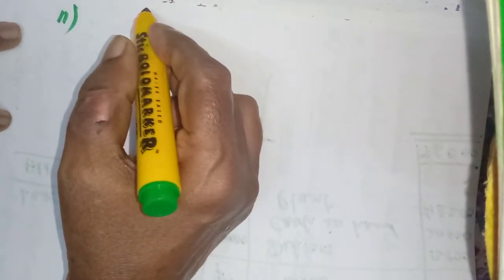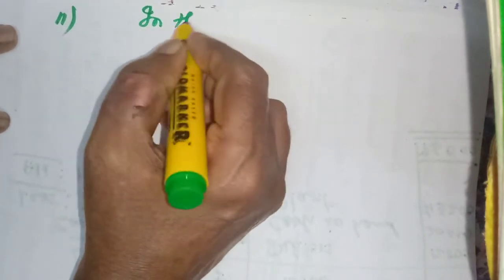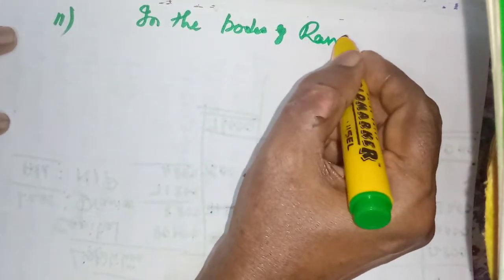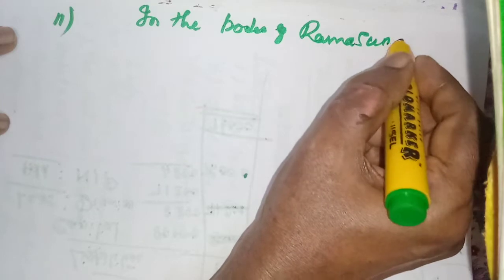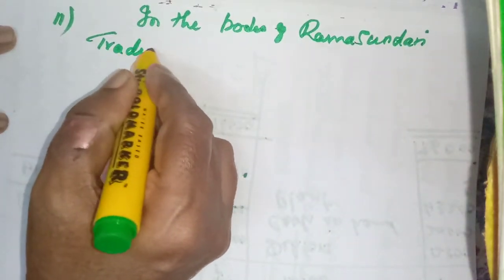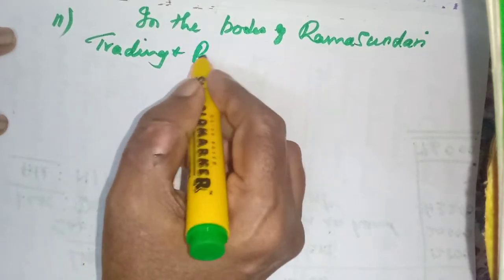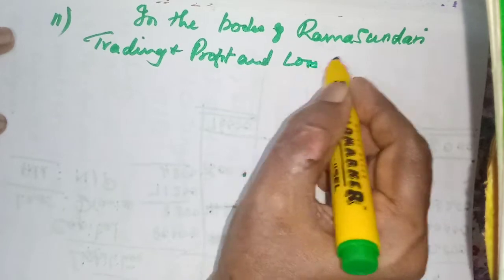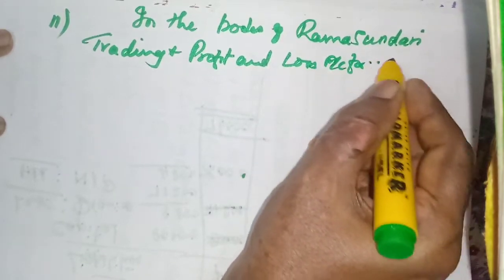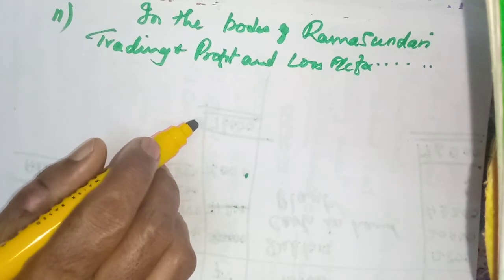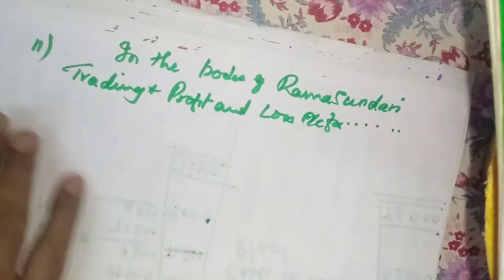Then first one, in the books of Ramasundari. Trading and profit and loss account. For the year ending, you write fully. Okay, for the year ending 31st December 2017, because you have 2 pages.